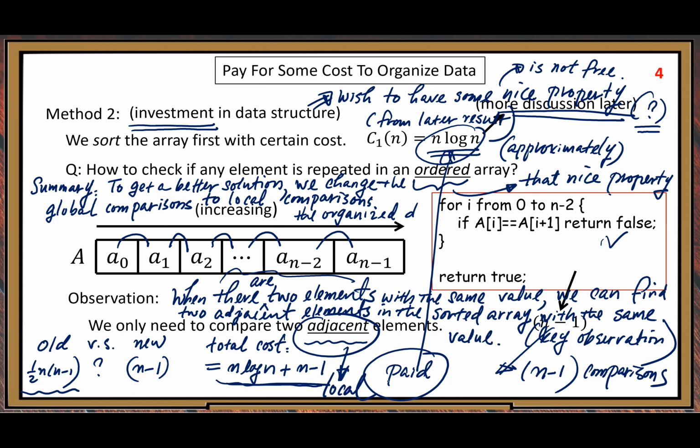Adjacent means local. That kind of change can help us reduce the number of comparisons greatly. All right, that's it. Let me stop and finish my presentation right here.